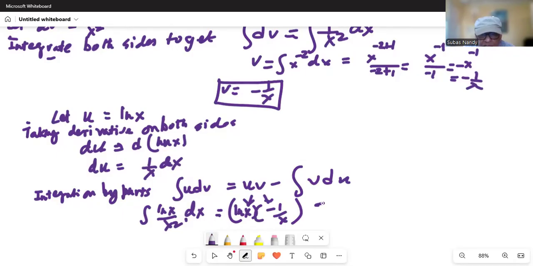And then minus integration of v is minus 1 over x and du is 1 over x dx.